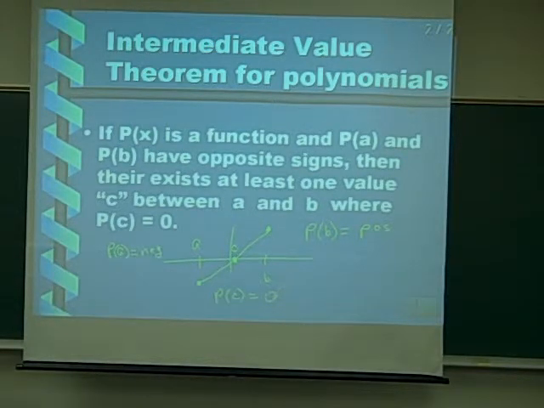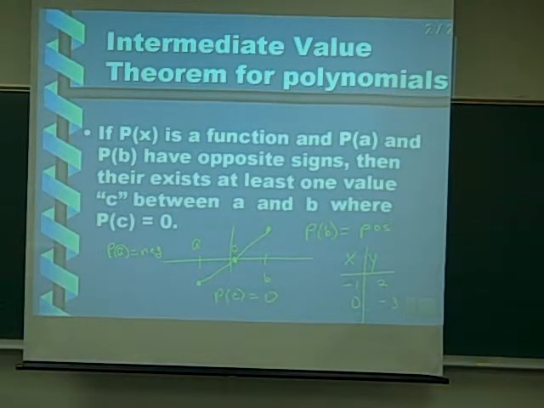So, why would we say this? If we have a table of values, and we're going to be working with tables of values, if we have one number, let's say -1, and we get, let's say, a 2, and then we have another one, 0, where we get, let's say, a -3 out.